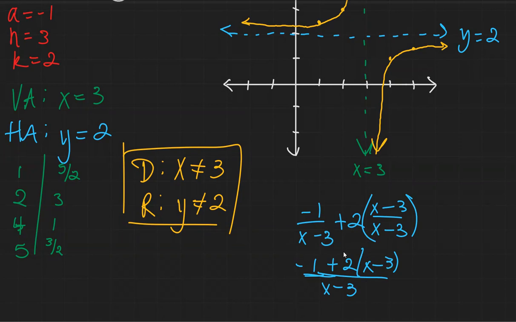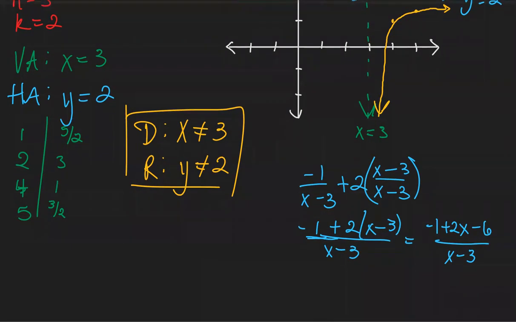That way we knew how to add these together. We get -1 plus 2x minus 6 over x minus 3. So that becomes 2x minus 7 over x minus 3.